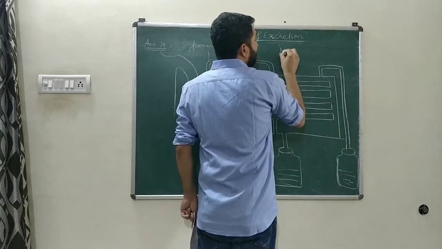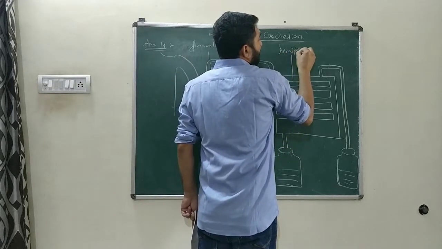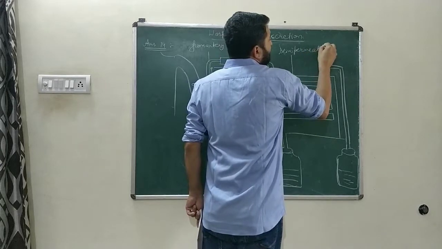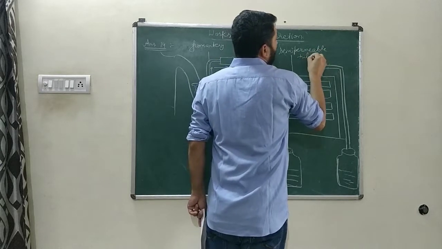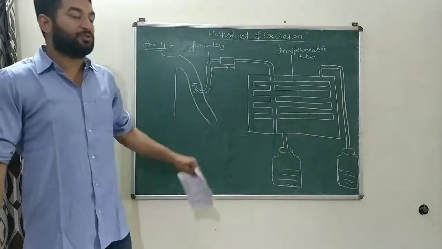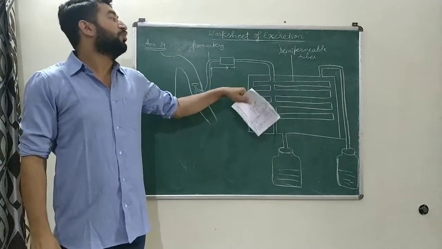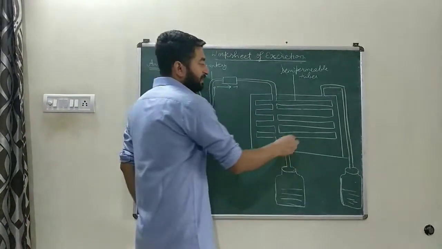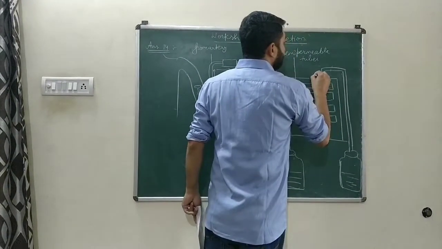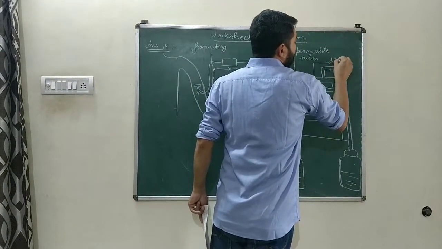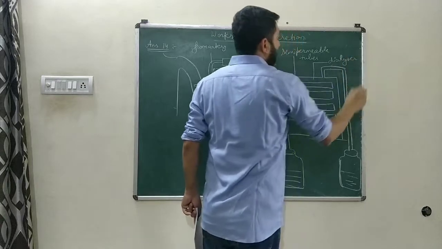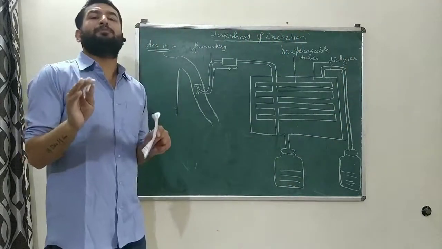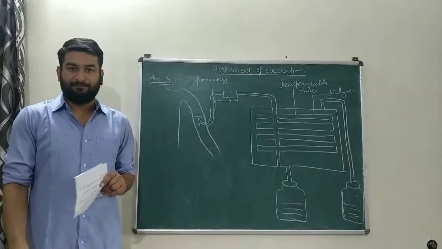These are thin semi-permeable tubes. Semi-permeable means which allows only selected material to come in and go out. Here the dialyzing solution has the same composition as that of pure blood, except urea.